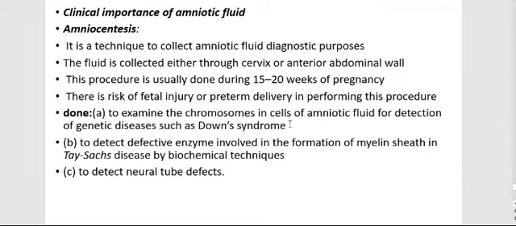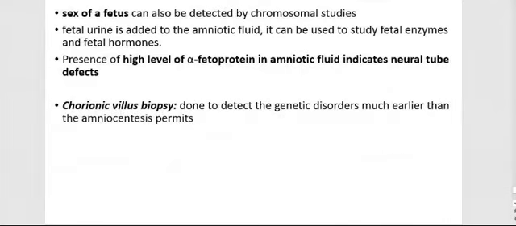But if you don't know the age and you go and do an amniocentesis, that can also be a danger to that pregnancy. You can also detect neural tube defects and a lot of things when you get a sample from the amniotic fluid, even the sex of the fetus.